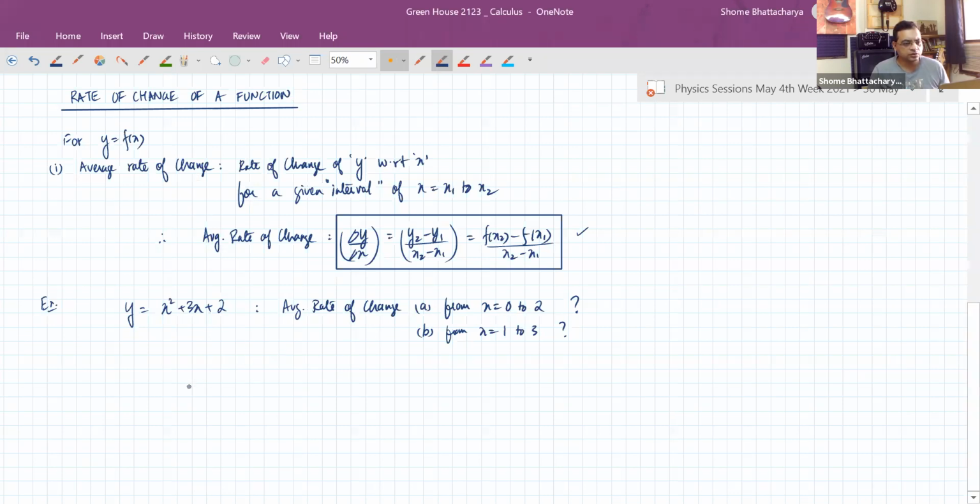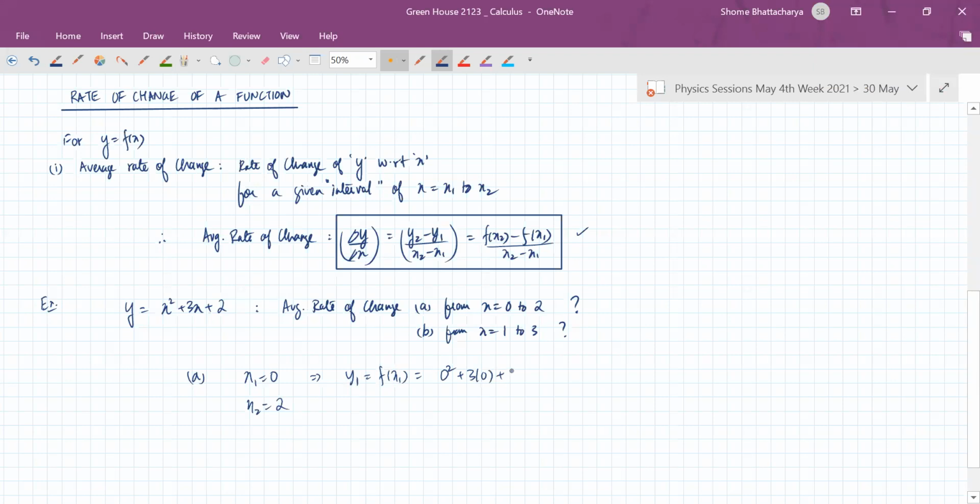So let's just quickly work it out. For the first part, we'll take x1 as 0 and x2 as 2. Therefore y1, which is f of x1, becomes 0 square plus 3 into 0 plus 2.